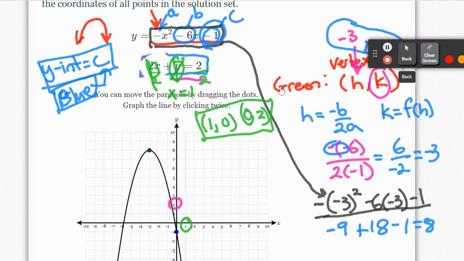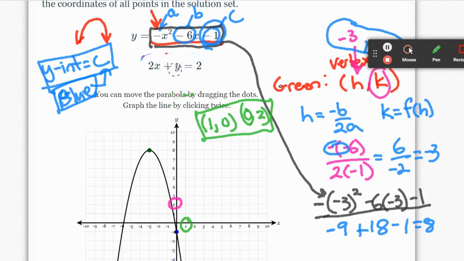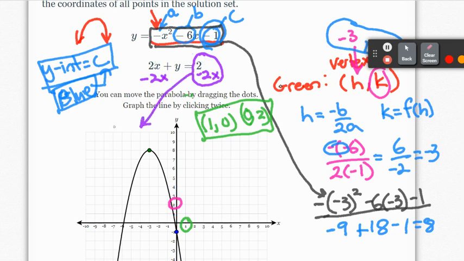And now what I'm going to do is do it the other way, which is solve for y and put it in slope-intercept form, because I want you to be flexible, whatever is most comfortable for you. So I'm going to just subtract 2x from both sides. And I'm not going to make a mistake and actually mess with the 2 and the negative 2x. I just rewrite it. So this will rewrite to be negative 2x plus 2 equals y.